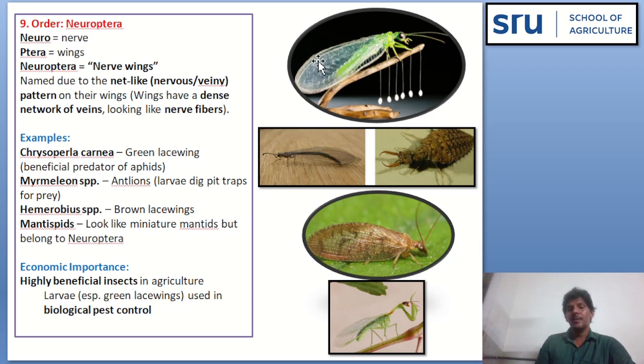That's why the name Neuroptera. Examples: green lacewings, antlion, brown lacewings, and next one is the mantis fly. It looks like a miniature mantid but belongs to the order Neuroptera.